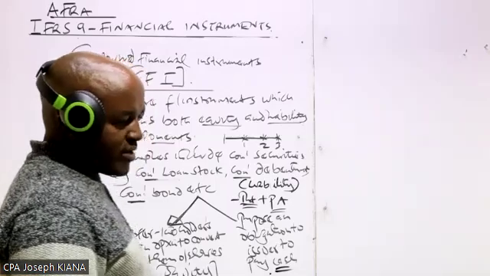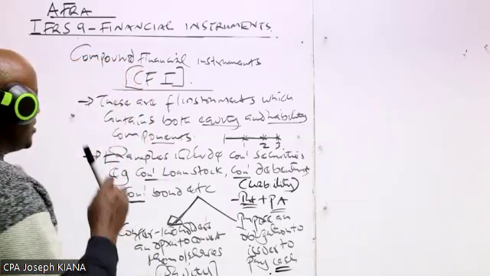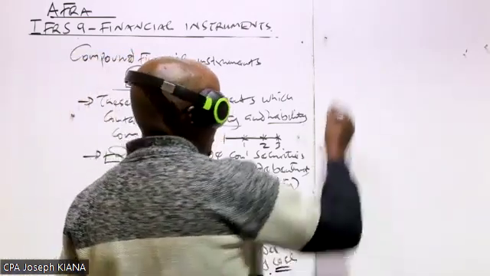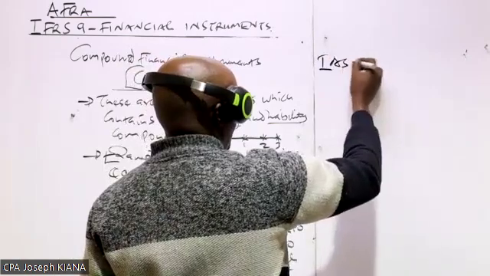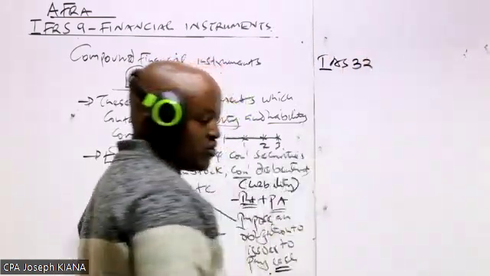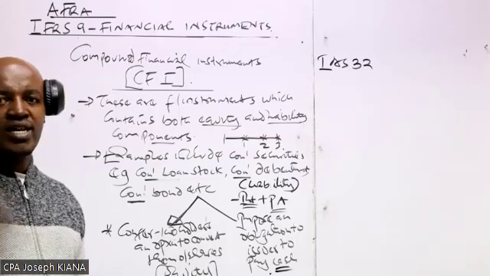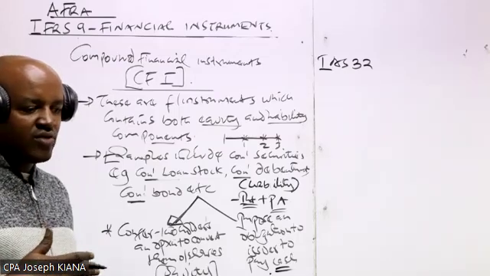Now, once a company has issued these compound financial instruments, the company is required by IAS 32, International Accounting Standard Number 32, to split the two components, that is the equity component and the liability component, and account for them separately.